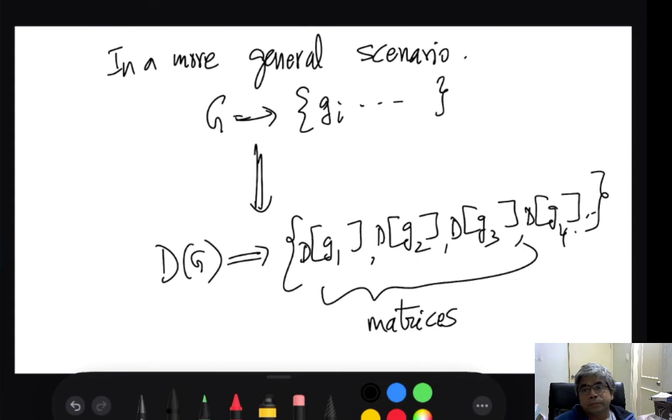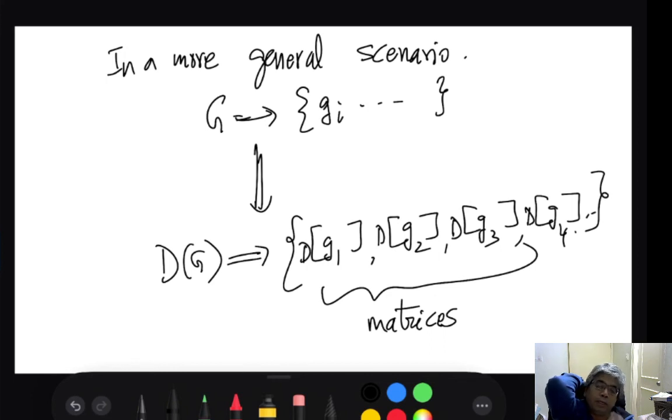So the representation is a mapping from the group elements to a group made up of matrices which satisfy not only the same group axioms and the same multiplication law, but also whether they are unitary or orthogonal, and so on. Essentially all the properties of the group elements should be reflected in this representation.